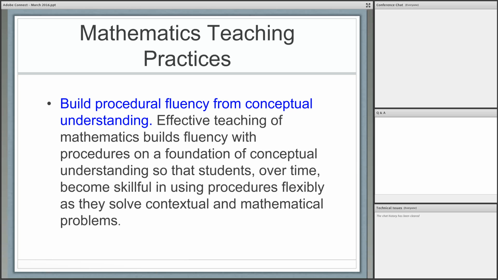Another math practice is procedural fluency and conceptual understanding, and talking about the way those two things are intertwined. And this relates to both elementary and secondary mathematics. Let me first give an example from elementary mathematics.